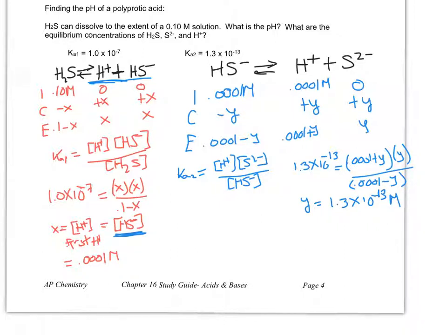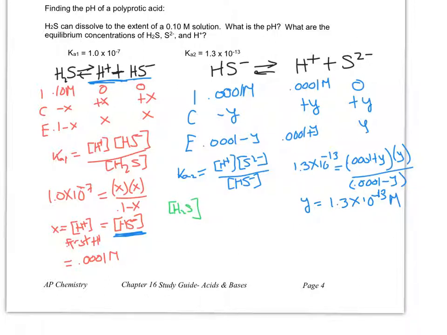So now I can actually answer my question. It asked for the pH. Well, let's wait for the pH for a second. Let's do the other things it asked for. Let's do the concentrations first. So let's start with the H2S concentration at equilibrium.